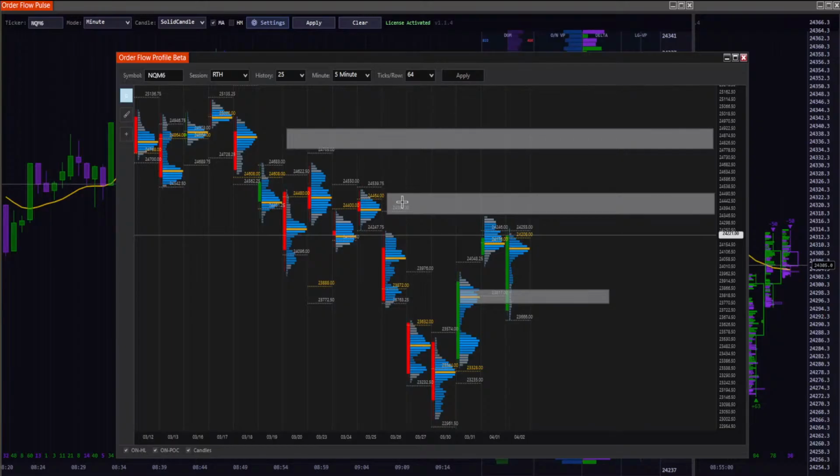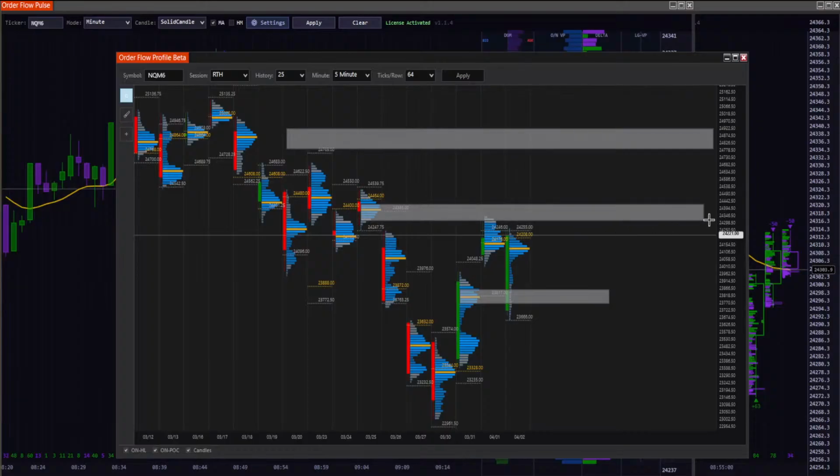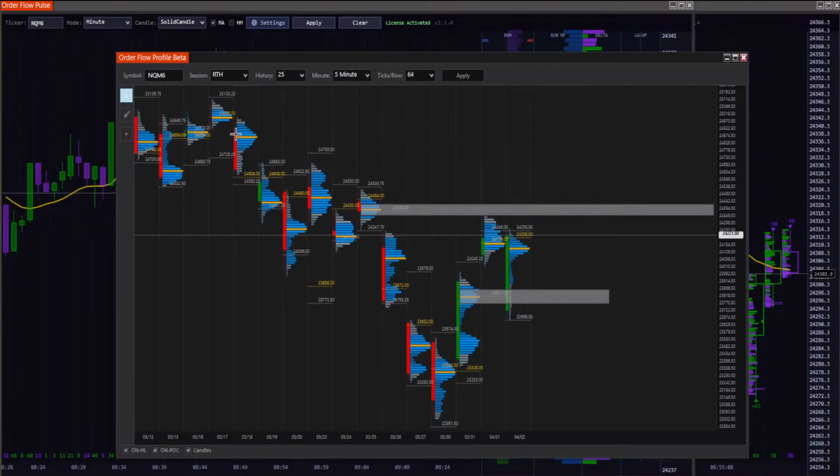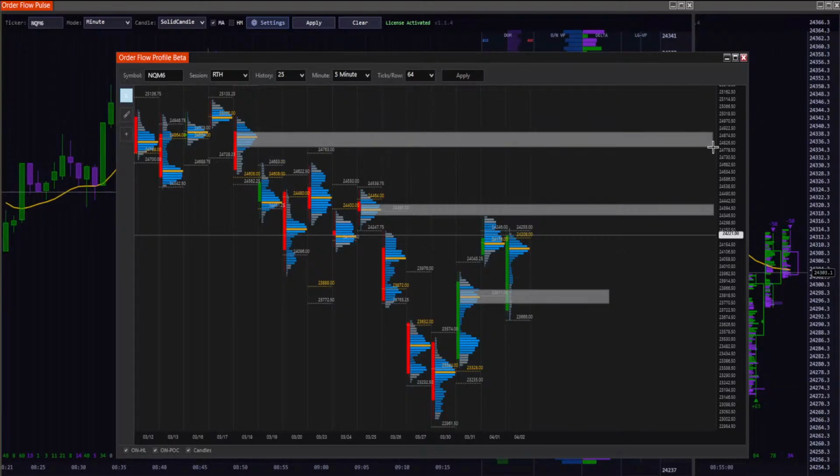And what I'm looking at is a resistance area right up into this area as well because of that cluster of volume. And then if we can actually get up into this area, that's going to be resistance as well.